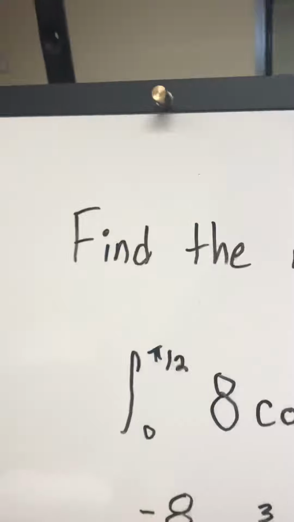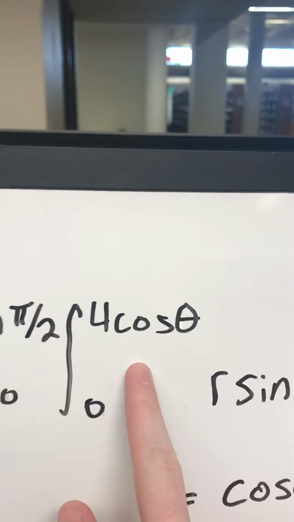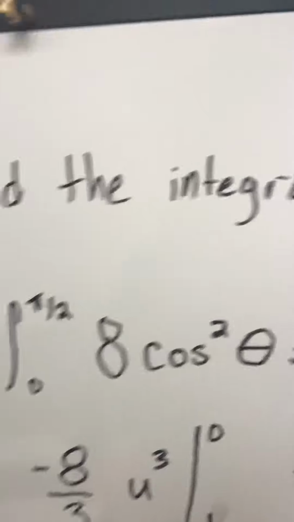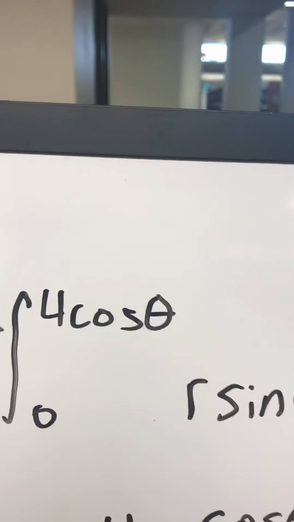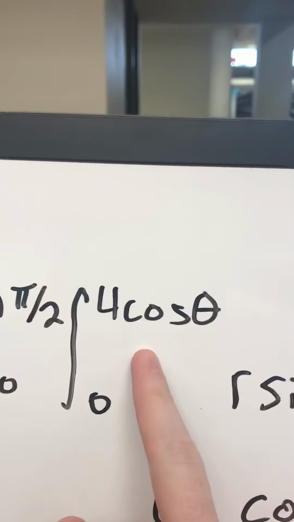I'm going to move over here. So we're going to find the integral 0 to pi over 2, 0 to 4 cosine theta, r sine theta, dr d theta. So right here, we know that we're going to be integrating with respect to r first, which is going to give us r squared over 2 times sine theta, evaluated from 0 to 4 cosine theta.